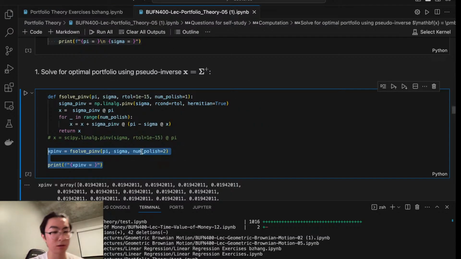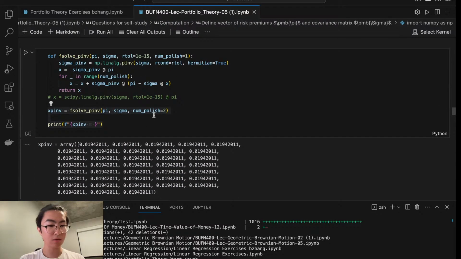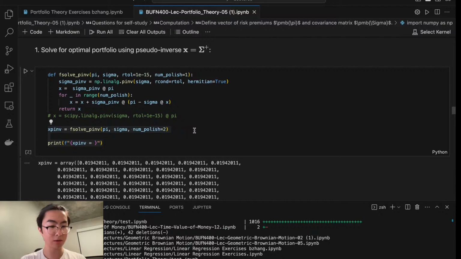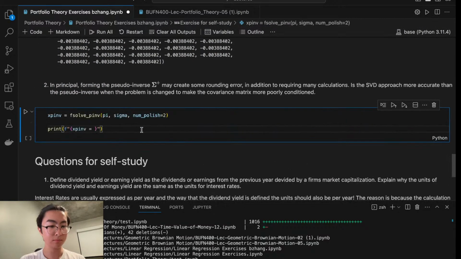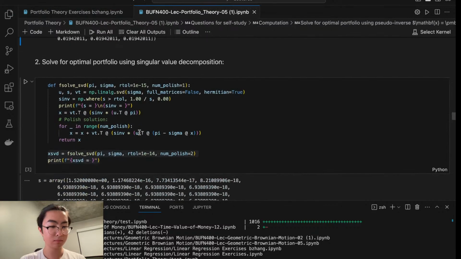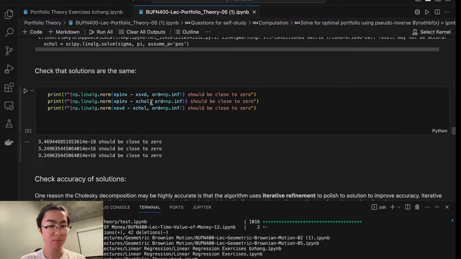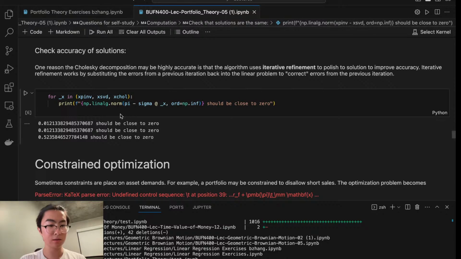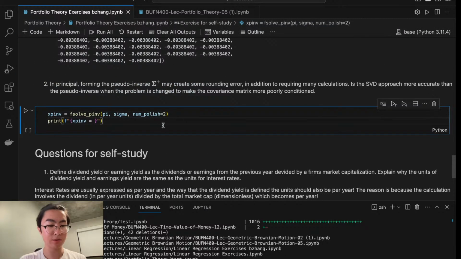So I think he has the code here. We're taking the pseudo inverse. I think that would look something like this. And let's see if these are the same.